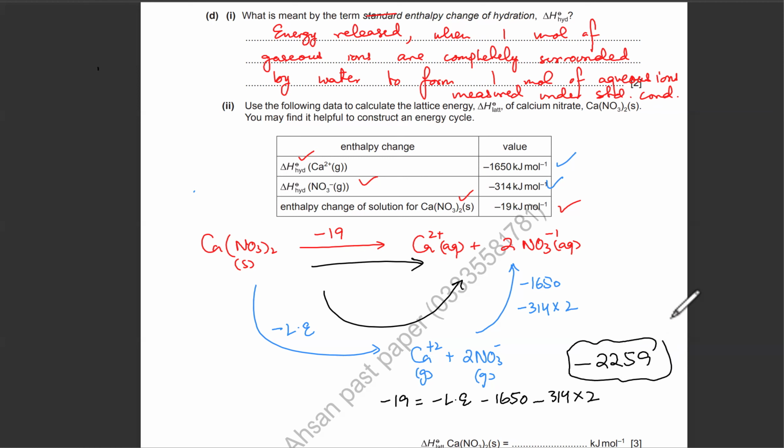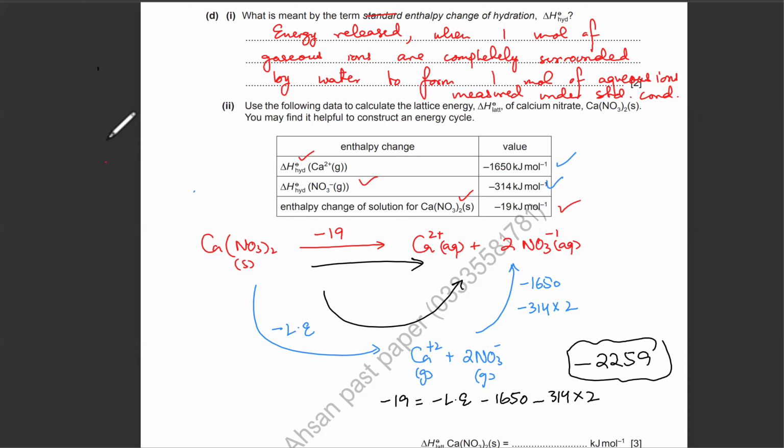Yes, so minus 2259 kilojoules per mole. So we were able to figure out the lattice energy using the enthalpy change of solution. Is everyone getting the same? Ibrahim, Minail, Jody, what are you getting? My answer is coming out different, I'll recheck it. Yes, double check this.